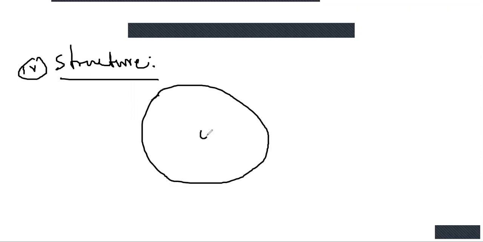Now the fourth part is structure. Since the grinding wheel is similar to a milling cutter, with a very large number of randomly oriented teeth, it must have some void areas, because I already told in our earlier lecture the grinding wheel looks like this.